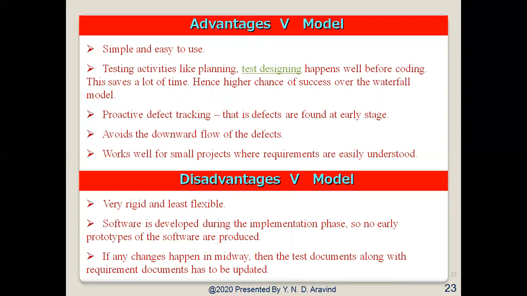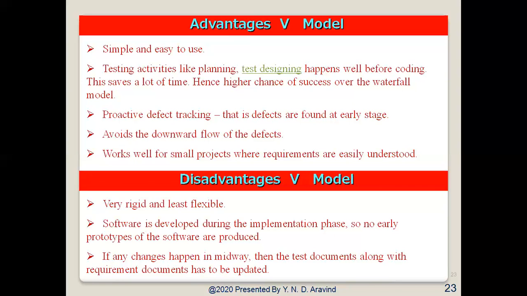It is proactive defect tracking, that is, defects are found at the early stages. In the waterfall model we are going to test only after completing all the phases. But here in each and every phase we will be doing the testing in parallel. So that is the advantage of a V model.